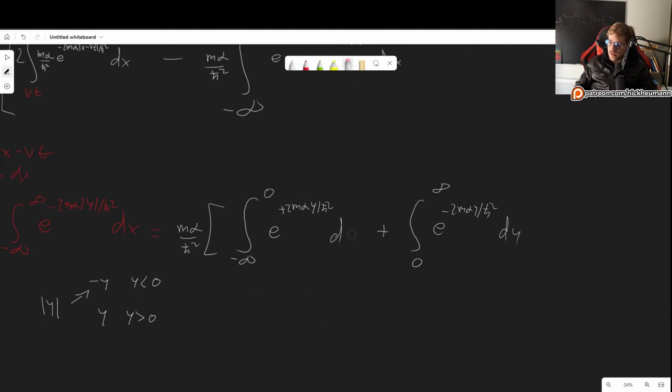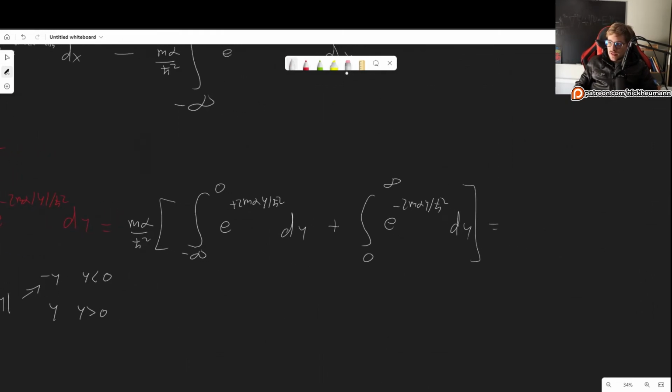Oh, I wrote dx here. That, of course, makes no sense. Dy. And same here. That makes no sense. Dy. Okay, so now the first integral, right, this is simply an exponential. So what we get is the same constants here.